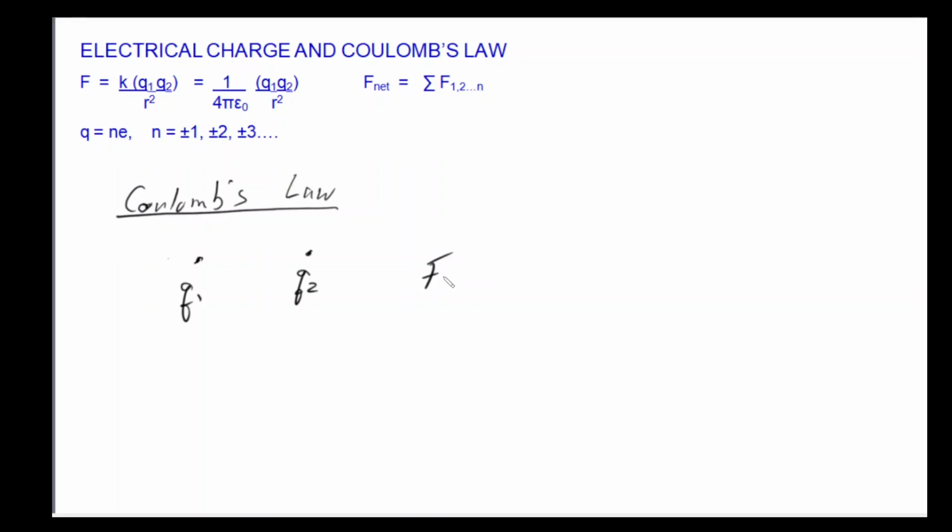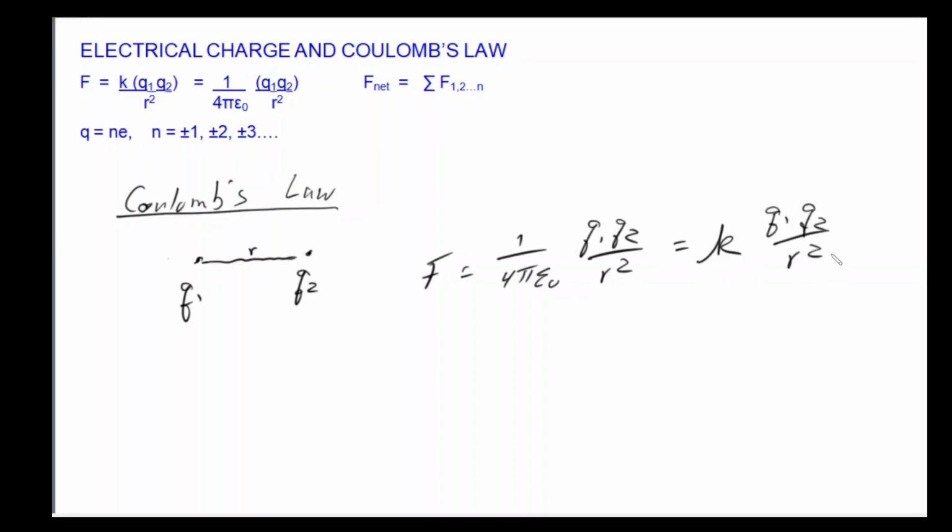And that is equal to 1 over 4 pi epsilon sub 0 Q1 Q2 over r squared, where r is the distance between them, which is equal to k times Q1 Q2 over r squared. And notice that k is equal to 1 over 4 pi epsilon 0.